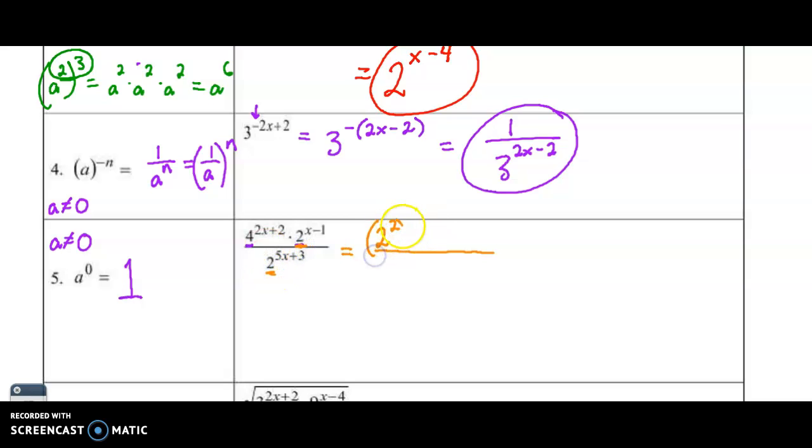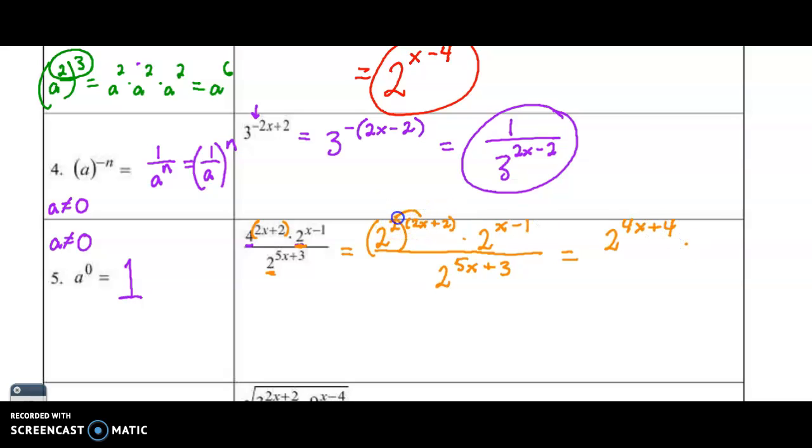So now I have this power that I need to take to that 2x plus 2 power. Okay, this is still here. Then times 2 to the x minus 1 all over 2 to the 5x plus 3. So as I do a power to a power, this is really 2 to the 4x plus 4.